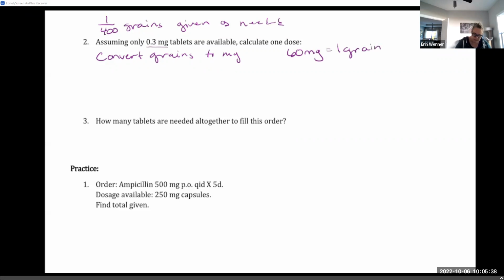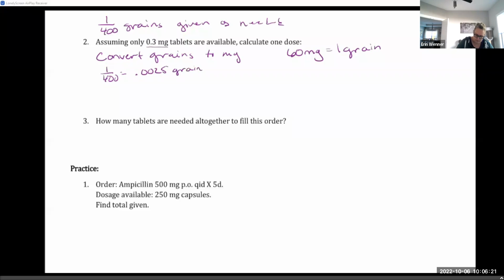So if I convert grains to milligrams, I'm going to take 1/400 grains and multiply it by a conversion factor. Let's take the 1/400 instead of writing it as a fraction, and convert this to a decimal just to make our life a little bit easier. I'm going to do 1/400 equals 0.0025 grains.